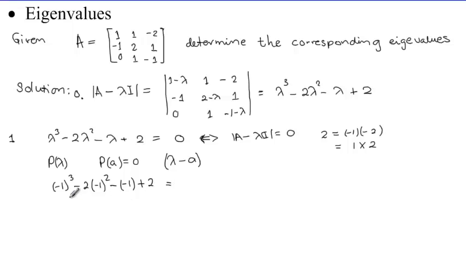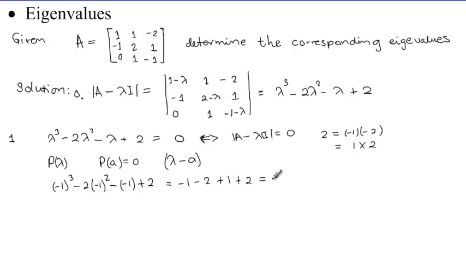This gives us minus 1 because there are 3 negative signs, then 1 times 2, which is minus 2, and then here we've got 2 negative signs, so we get plus 1 plus 2.